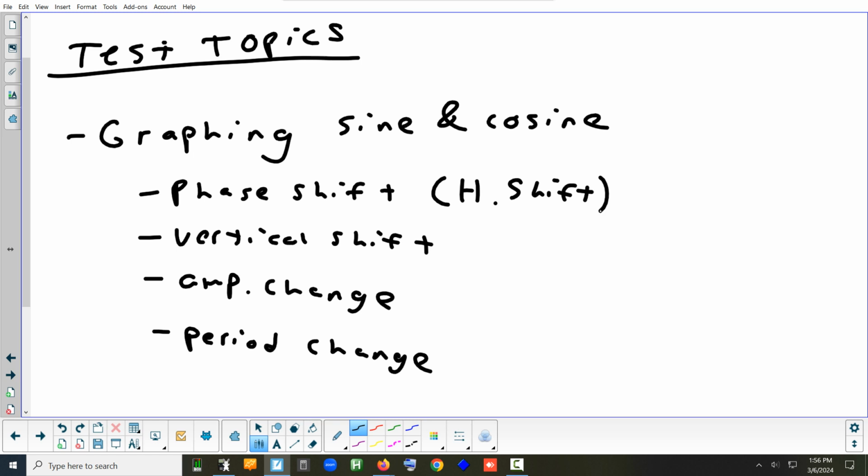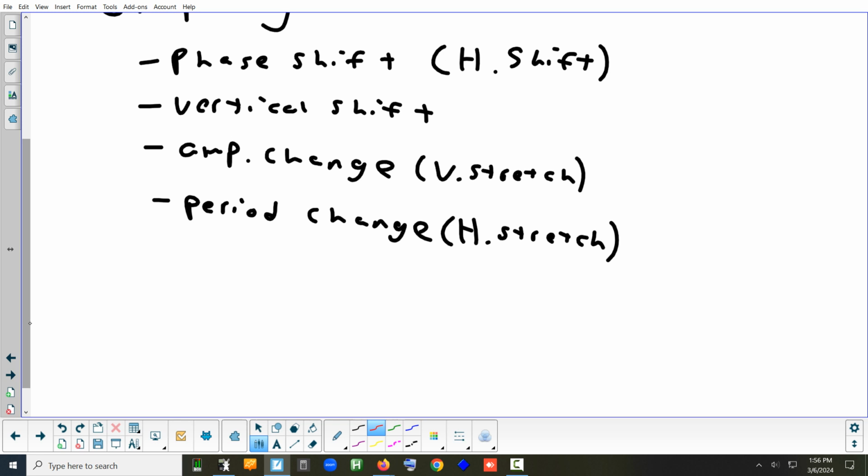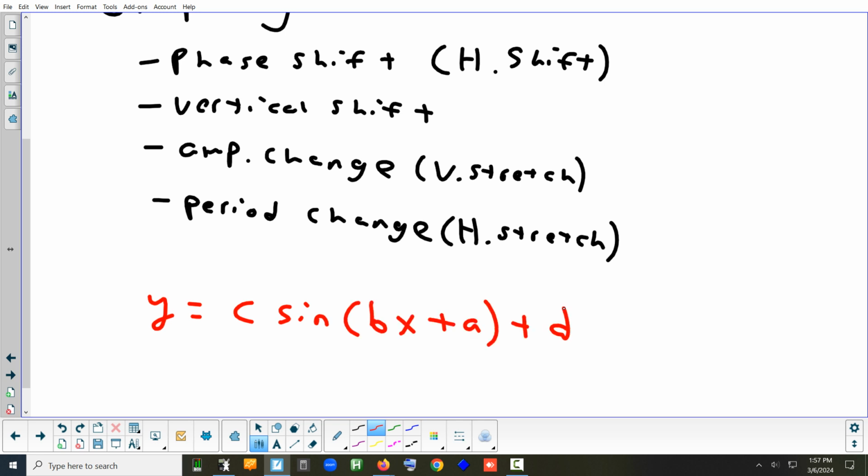There really is no other name for that one. They just use vertical shift. That's a vertical stretch. And period change is a horizontal stretch. If you're not sure which one is what, we can make a chart for that. So C sine bx plus A plus D.